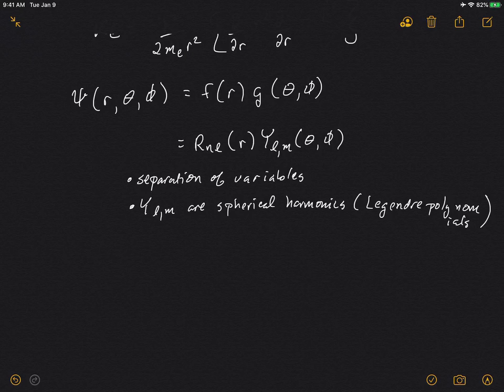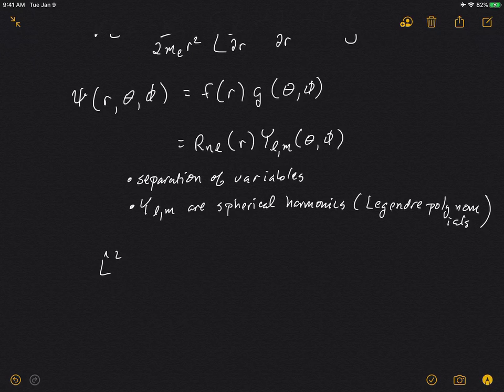And so then, if we make this assumption, we can do a little bit more simplifying of our Schrodinger equation, because we're going to have H psi equals E psi, and the H is going to have this L squared term.